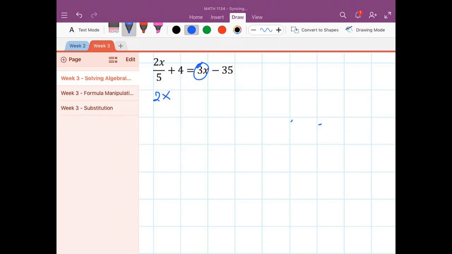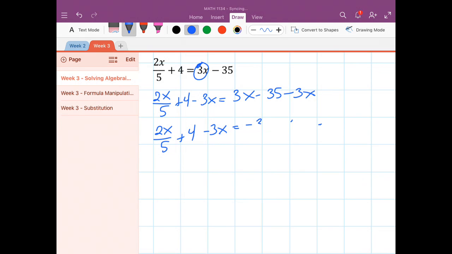So I get 2x over 5 plus 4 minus 3x is 3x minus 35 minus 3x. Okay, and that leaves me with 2x over 5 plus 4 minus 3x here, and minus 35 here.